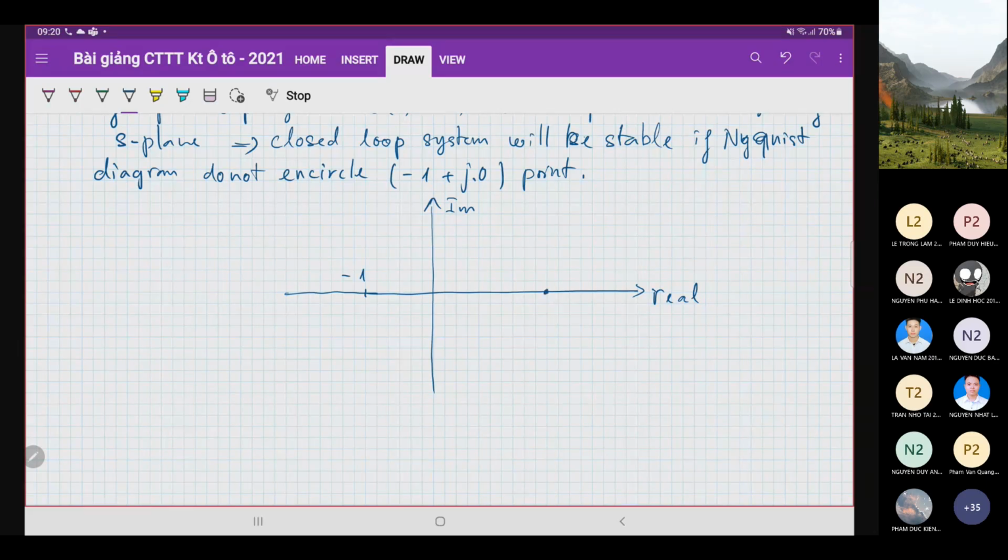If we start with omega equal to 0, and the Nyquist diagram does not encircle the point -1, then in this case the closed loop system is stable.